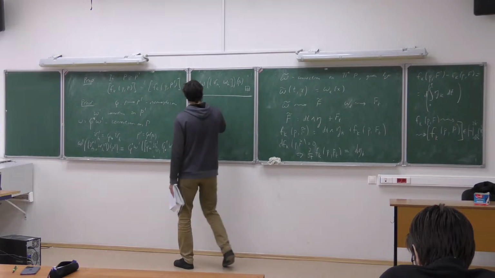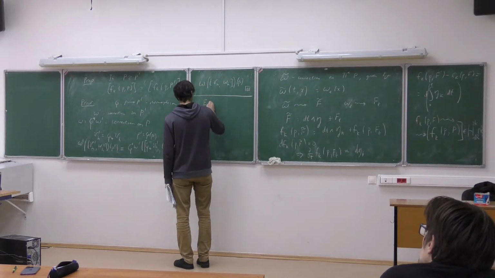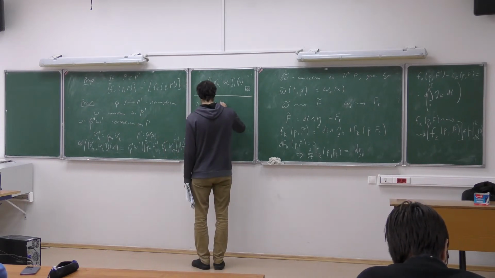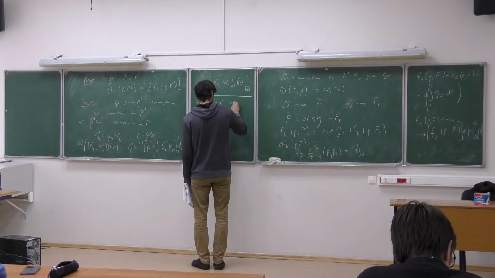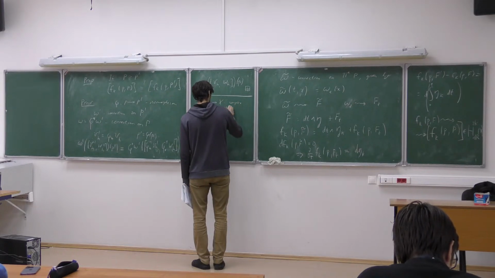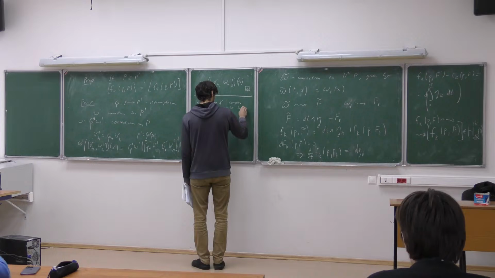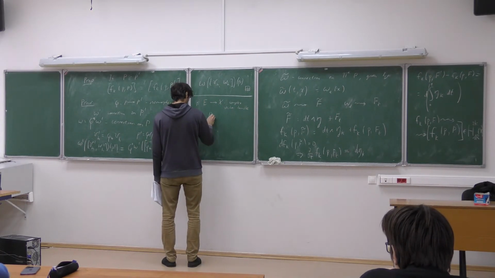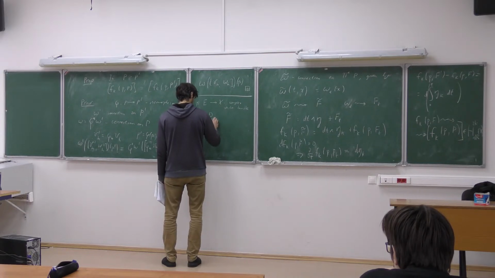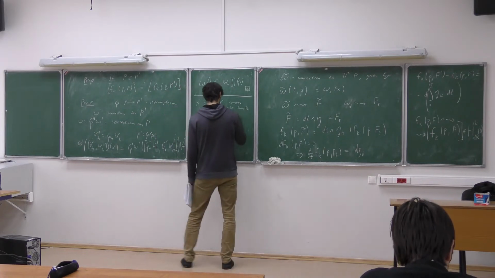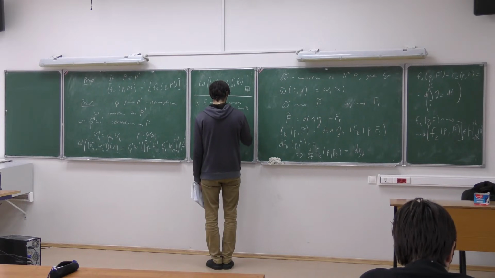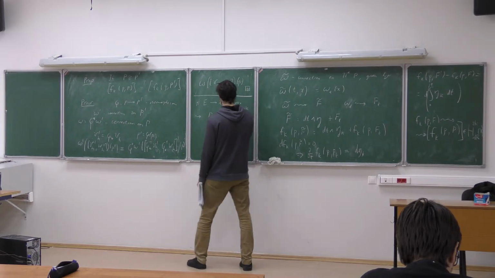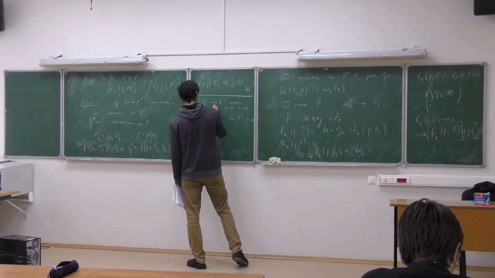So suppose that I have E, which is a complex vector bundle over X. Then I can consider P GL E, so this is a GL_n C bundle, a complex rank n vector bundle.